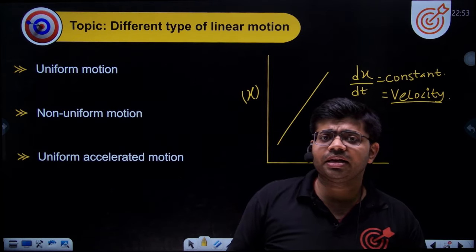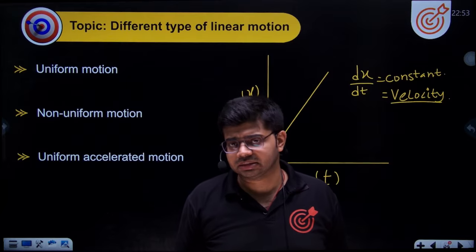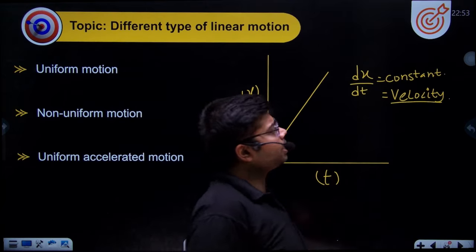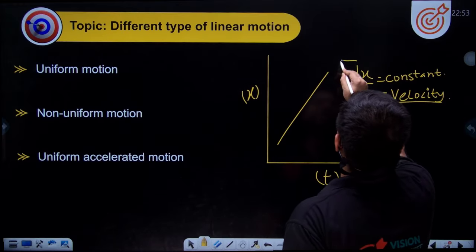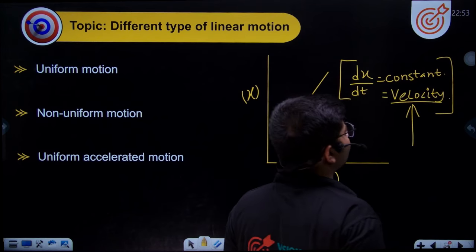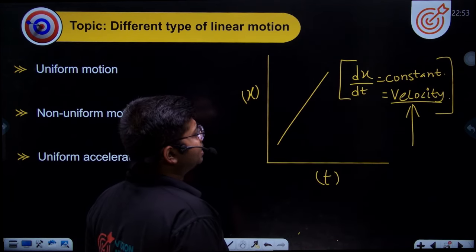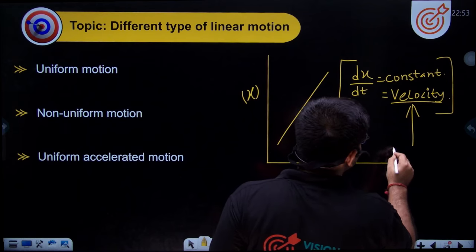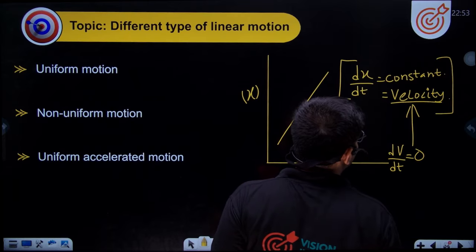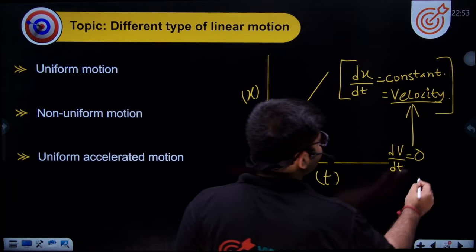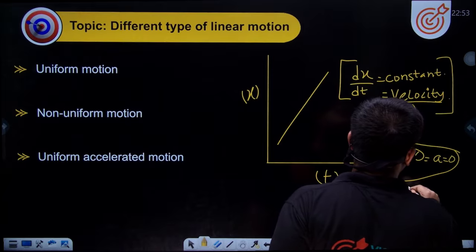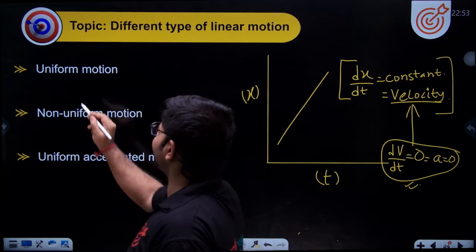Can that ever accelerate? No. The answer is no. Because for uniform motion, the main criterion is that the velocity has to be constant. Now, if the velocity is constant, that means dv/dt is equal to 0. That means acceleration is equal to 0. So this is another way you can remember uniform motion.